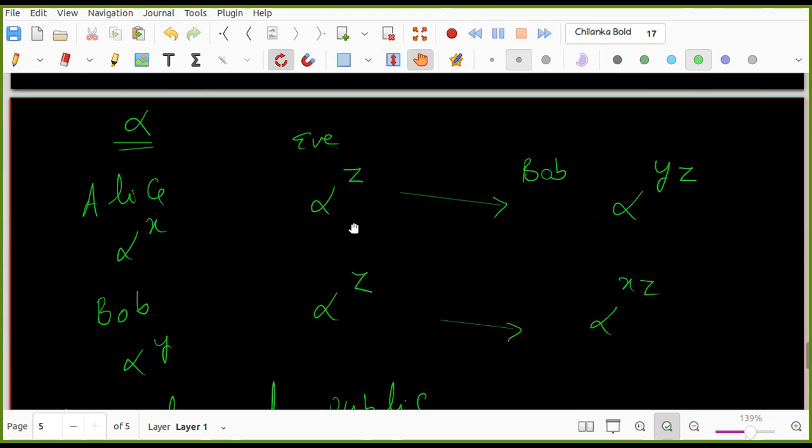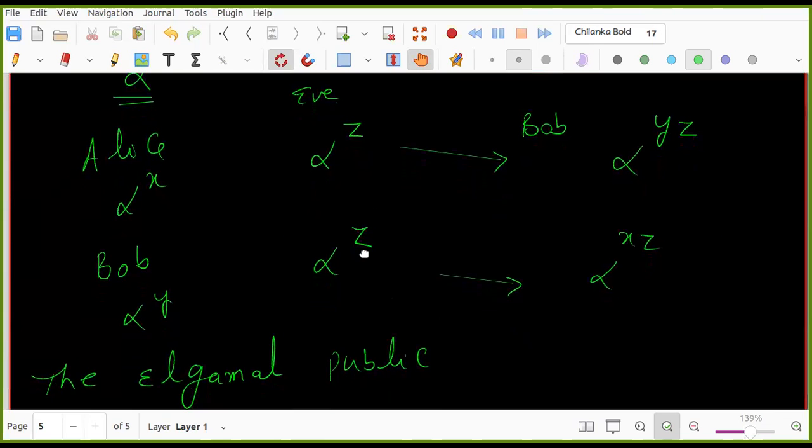Then he will send Alice alpha power y plus z, and then both will get the same thing, right? Alice will do alpha power x into y plus z. But Eve does not know x, and does not know y independently. So how will she get the common key?